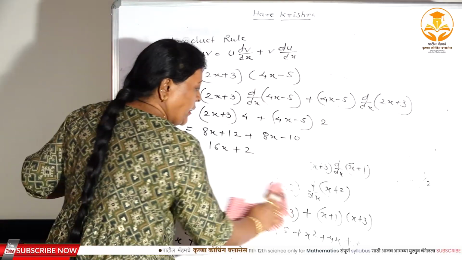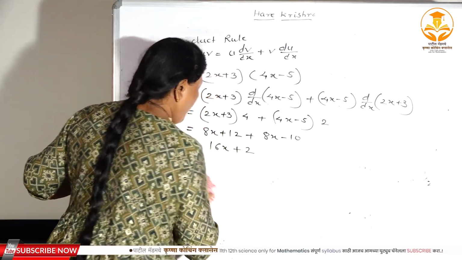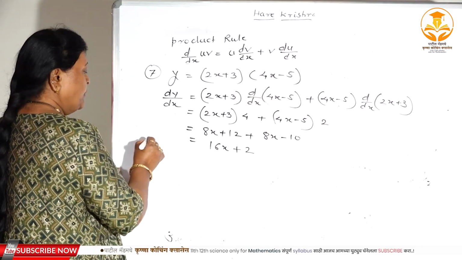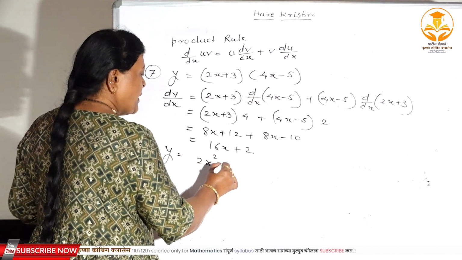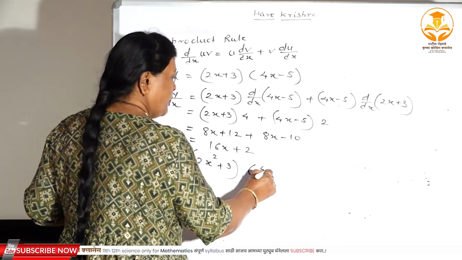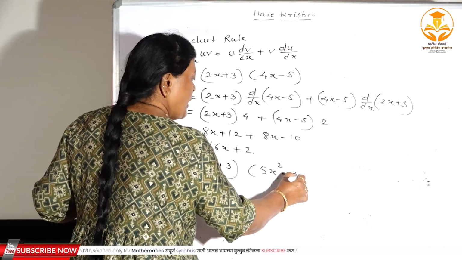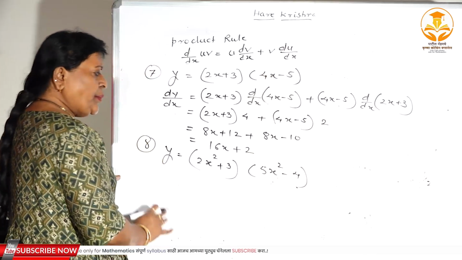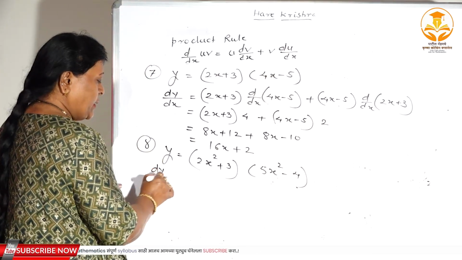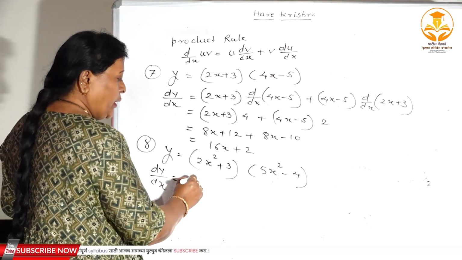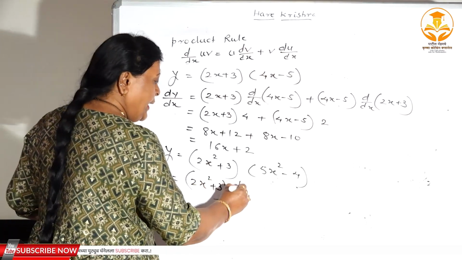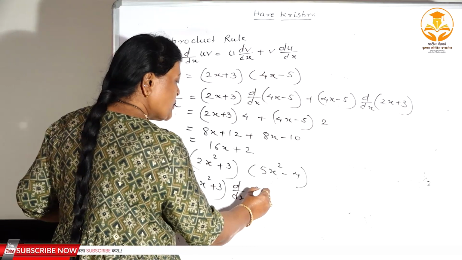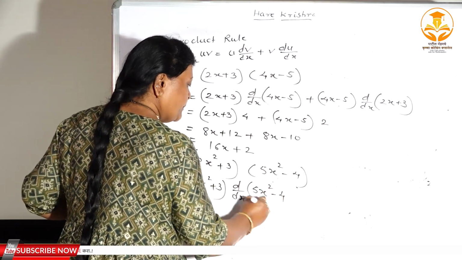Again another problem. See, the 8th one: y is equal to (2x square plus 3) times (5x square minus 4). See, the same rule you have to apply. dy by dx: here 2x square plus 3 remains as it is, d/dx of 5x square minus 4.